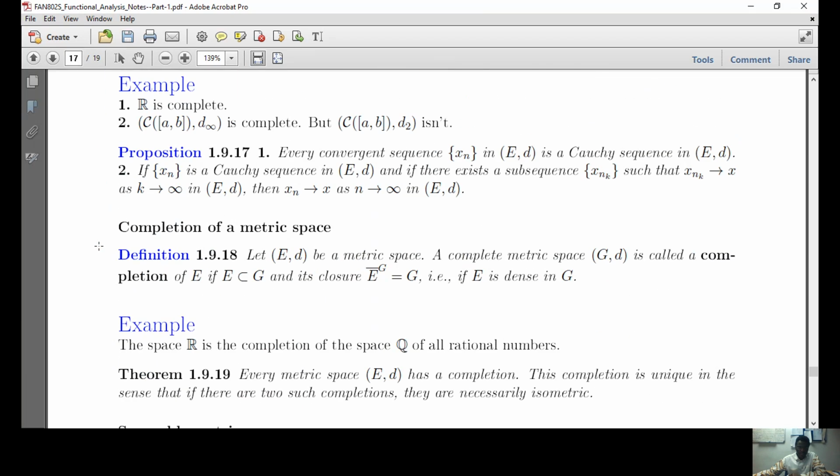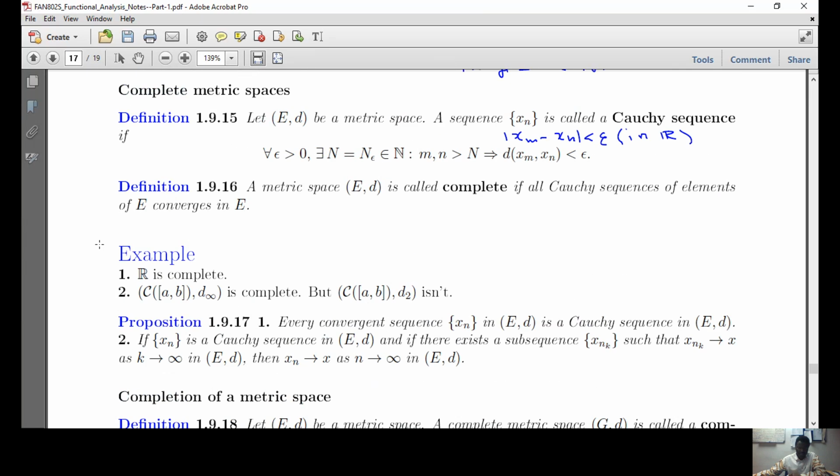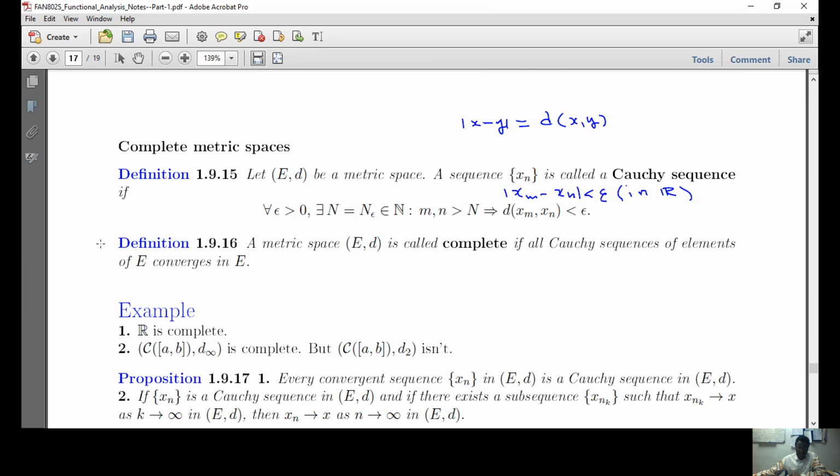Okay, now we are going to define what a Cauchy sequence is, which you know already from real analysis. This is the definition of Cauchy sequence in R, you know. But now you can see that we will replace this by the distance between xm and xn less than epsilon. So let us go to the definition.